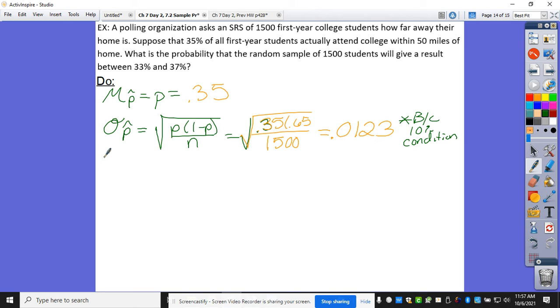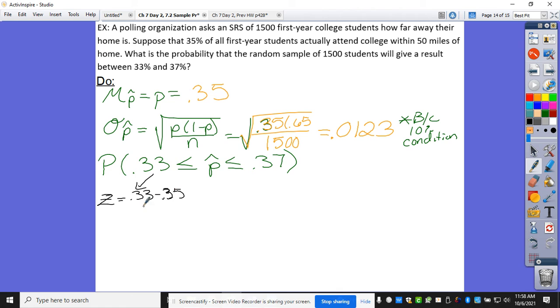What's next? I'm just going to stick with one color. 1.63.